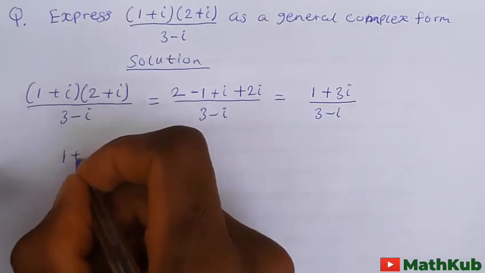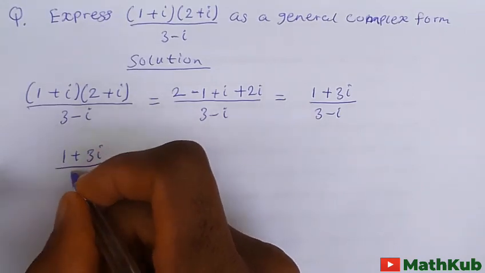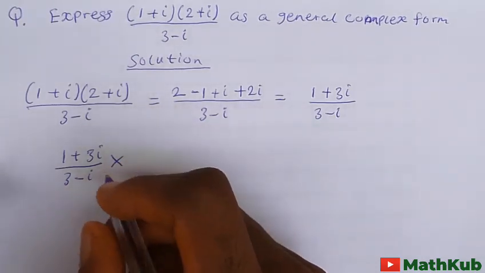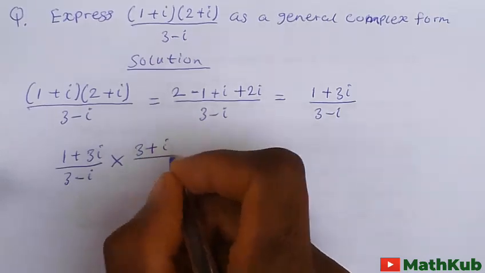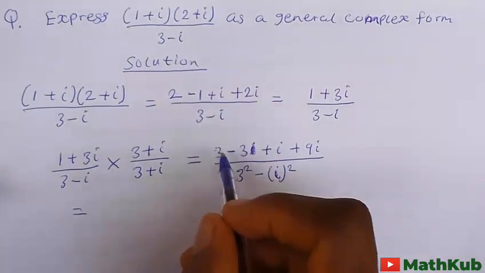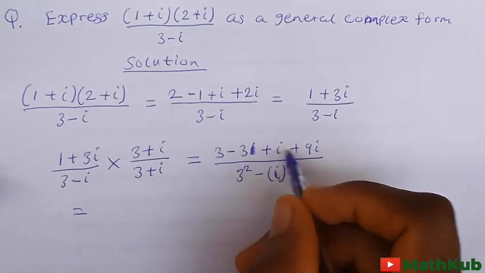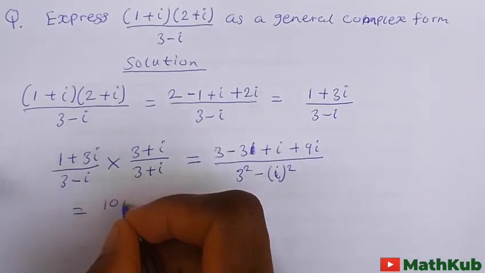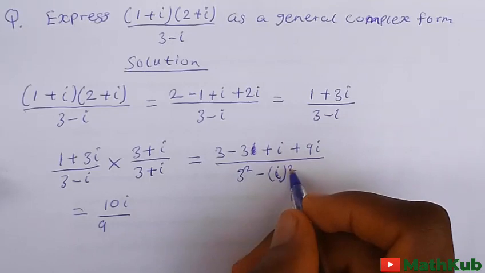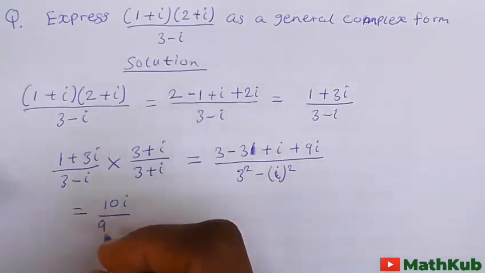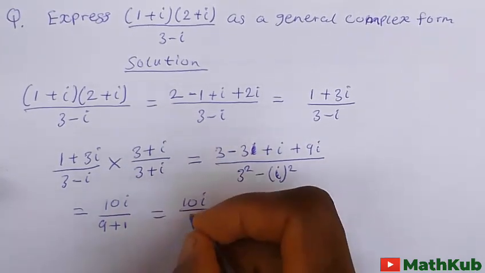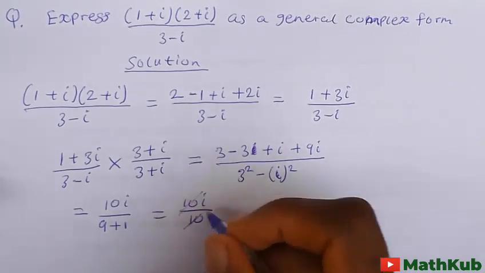We have 1 plus 3i divided by 3 minus i times the conjugate of the denominator, which is 3 plus i divided by 3 plus i, which is equal to 3 minus 3 has gone, then i plus 9i is 10i, divided by 9. i squared is minus 1 times minus is plus 1, which is equal to 10i divided by 10. 10 will cancel 10.